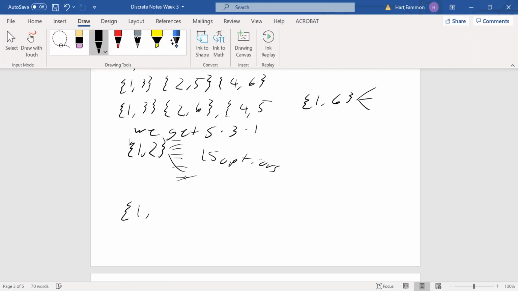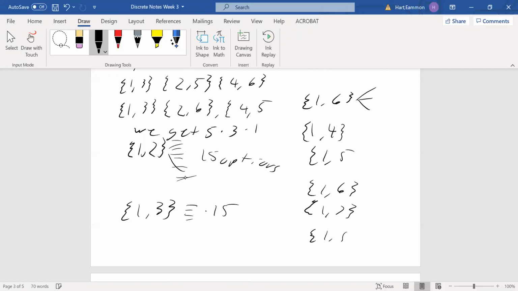Do the same thing with 1 paired with 3 times those 15 options. 1 paired with 4, 1 paired with 5, 1 paired with 6, 1 paired with 7, and 1 paired with 8, times each of these guys then has 15 options afterwards.